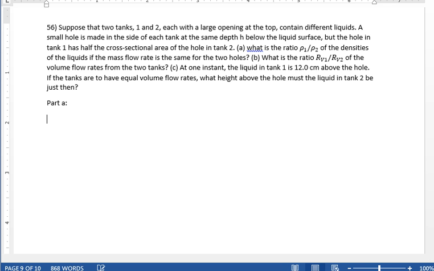All right, so let's look at part A. First, what is the density if the mass flow rate is the same for the two holes? The mass flow rate is rho 1 times A1, the area of the hole, times the velocity of the fluid exiting that hole. That gives us rho 2 A2 V2, and we know that A1 equals 1/2 A2.